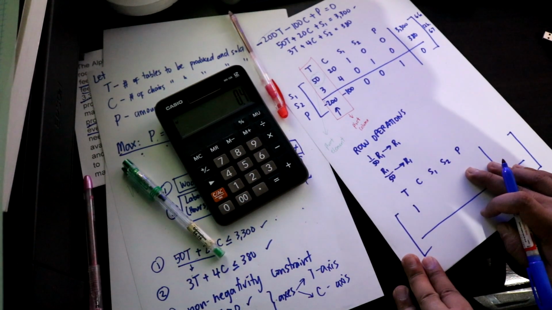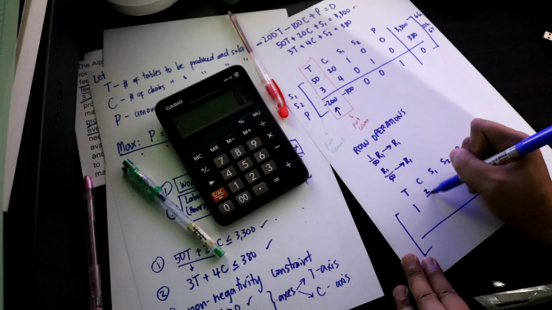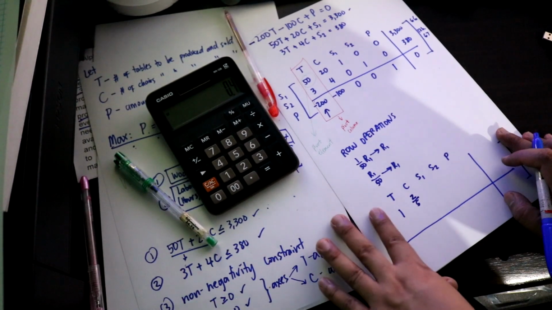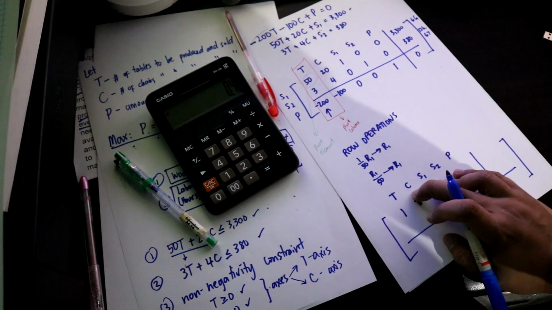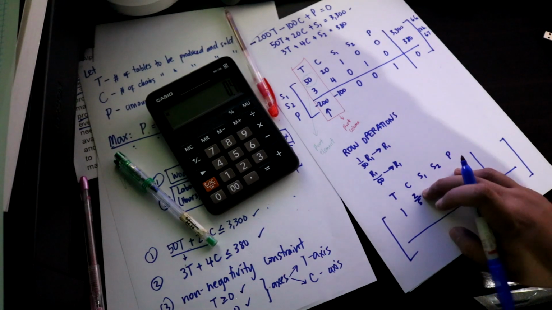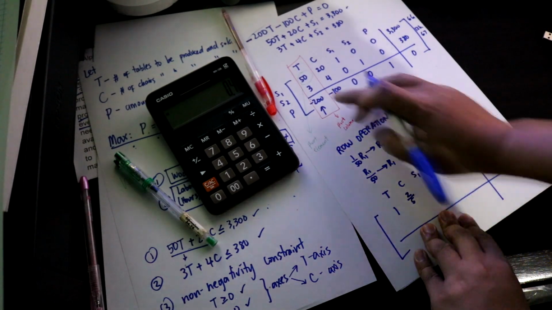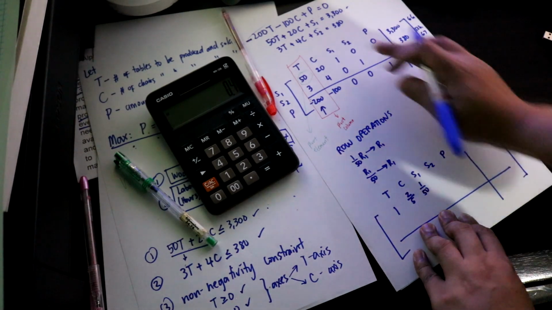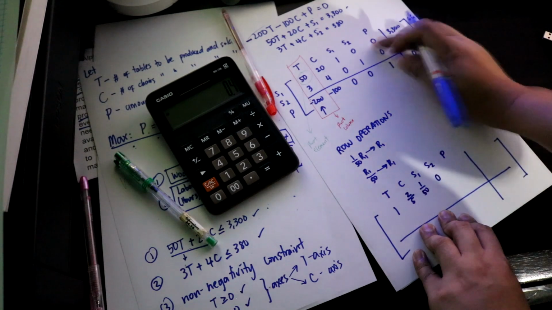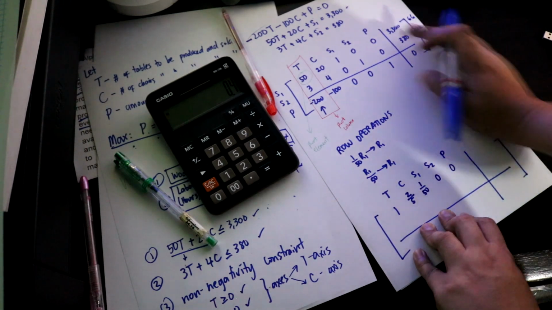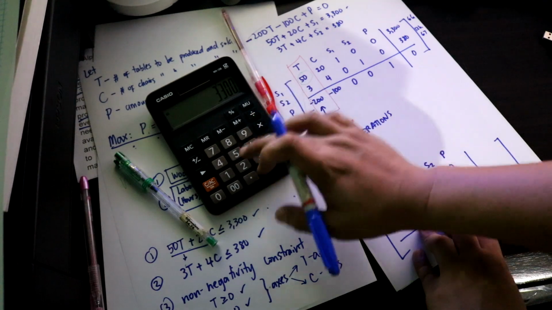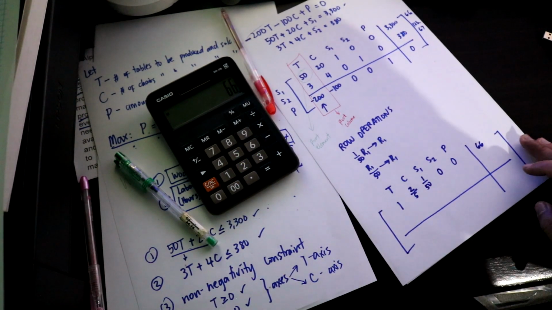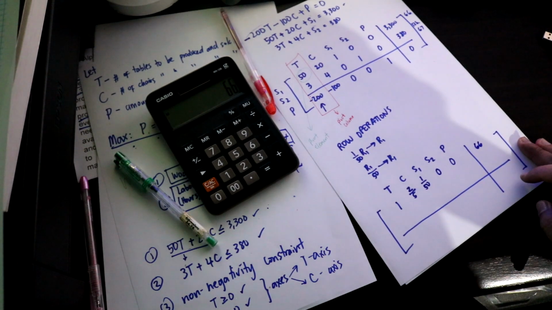I think it's better to use fractions. Take note, it is better to use fractions than decimals, because fractions are more exact than decimals. And then 1 divided by 50 would be 1 over 50. 0 over 50, 0. 0 over 50, 0. 3,300 divided by 50 would be 66. So that's our first row operation.